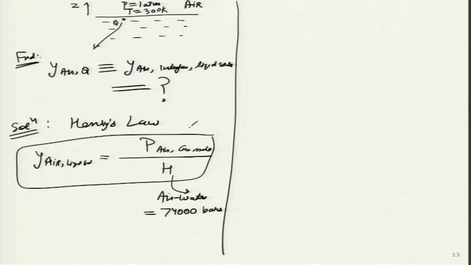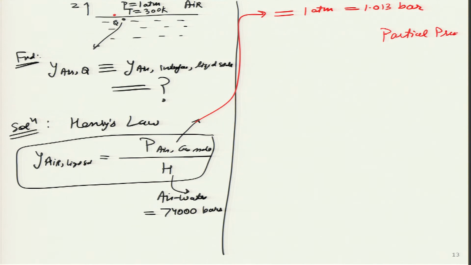And what is the pressure of air on the gas side? Which means what we are talking about is this dot over here. I will make it a red dot. Is the pressure of air on the gas side equal to 1 atmosphere, which is 1.013 bar, or is it less? Here we will make use of the concept of partial pressure, which means at this point near the red dot, there will be some water molecules also present.